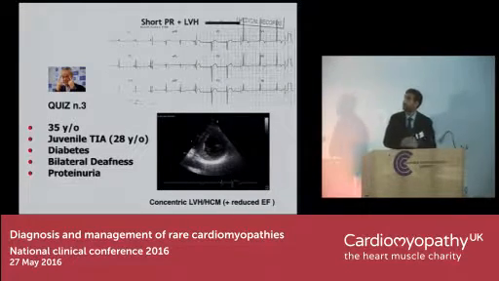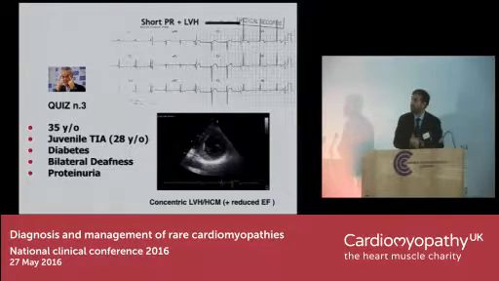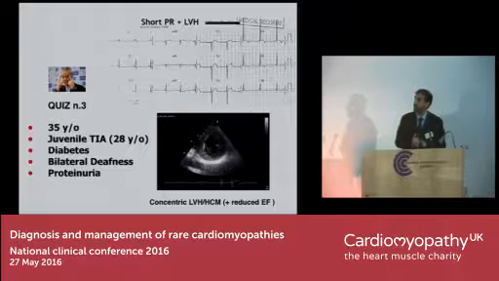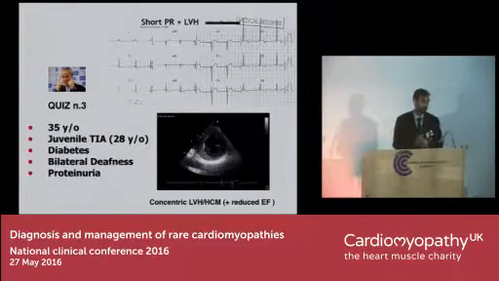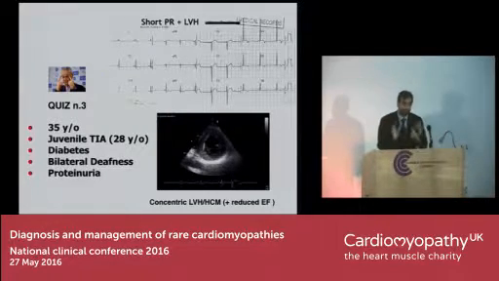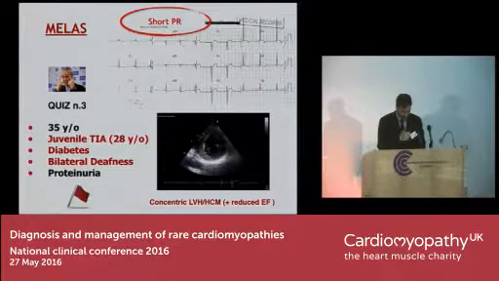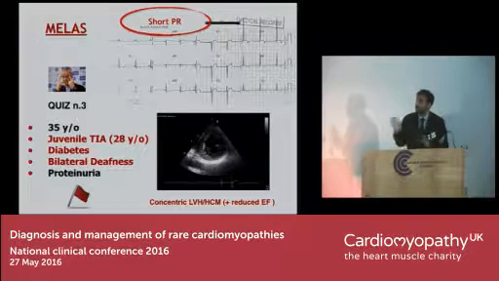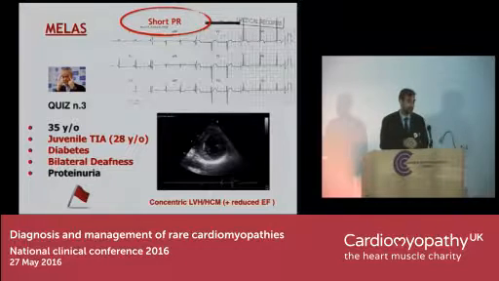Again, a different age: a 35-year-old with previous transient ischemic attack, diabetes, bilateral deafness, and proteinuria. Concentric hypertrophy, reduced ejection fraction, hypertrophy and short PR. We can think of different disorders, but what really helps us is the presence of diabetes and bilateral deafness.